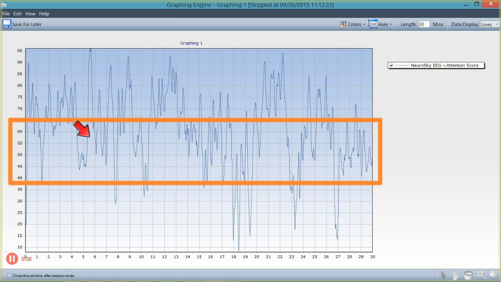So you can see that throughout the session, these are the rest periods. And let's just look at the first training period here. I triggered the tone only a couple times.